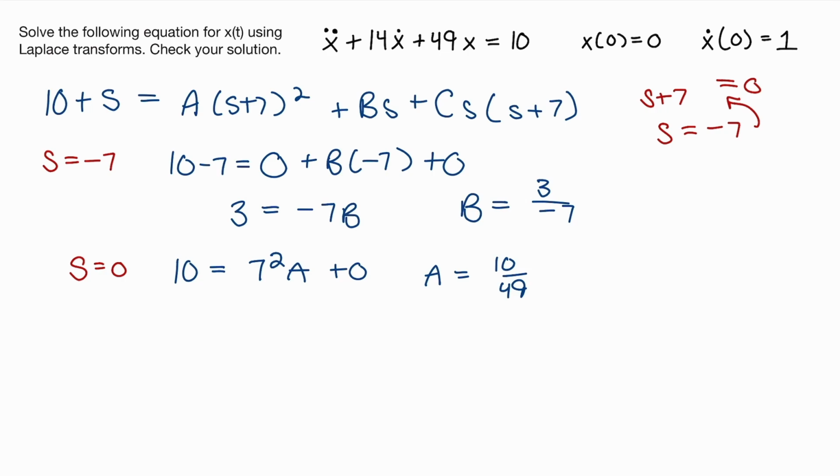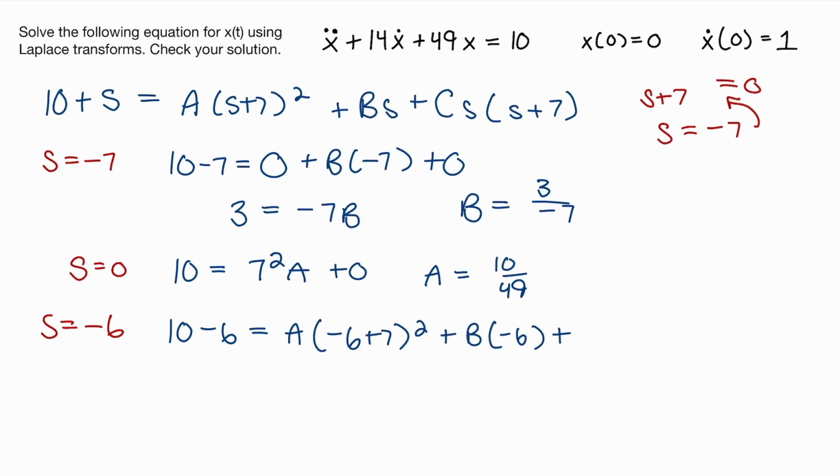For this, I am going to use s equals negative 6, because in my brain that will set this term, s plus 7, equal to 1. So I'm going to do that out now. 10 minus 6 equals A times (negative 6 plus 7) squared plus B times negative 6 plus C times negative 6 times (negative 6 plus 7).